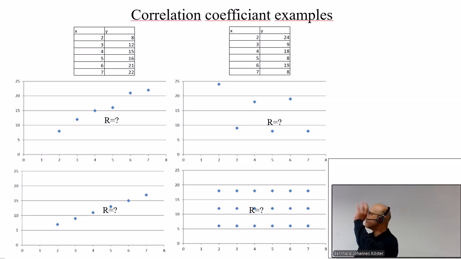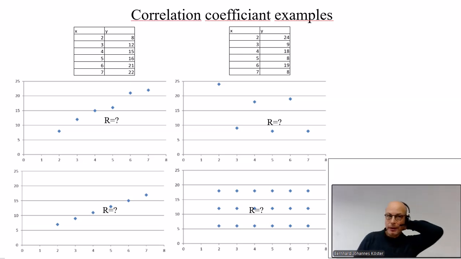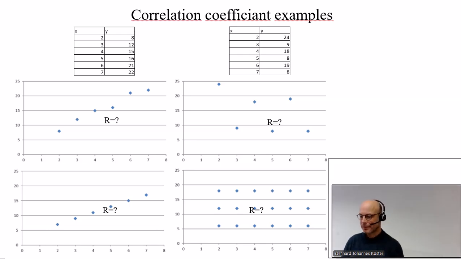So more in the neighborhood of 1 or 0? Yeah, almost 1, maybe something like plus 0.9 or something like this. In the neighborhood, yeah. Okay, so let's then estimate roughly plus 0.9.